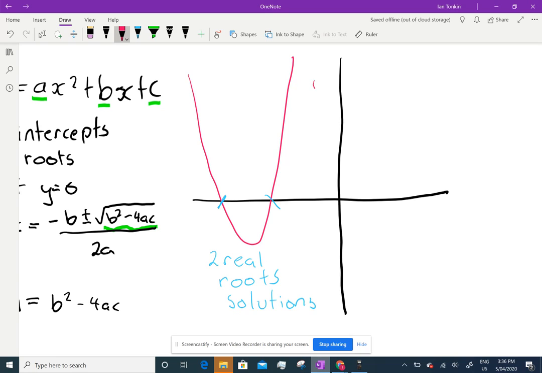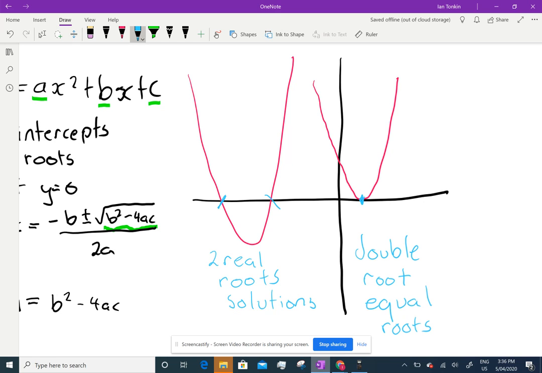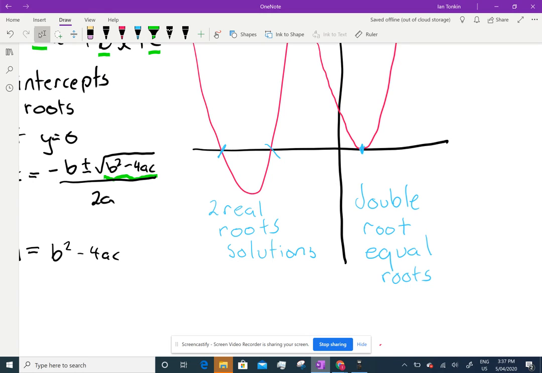You could have a quadratic equation that just touches. I call that, or it's termed, a double root, but this textbook calls it equal because they're the same. For that to happen, the bit underneath the square root sign must equal 0.